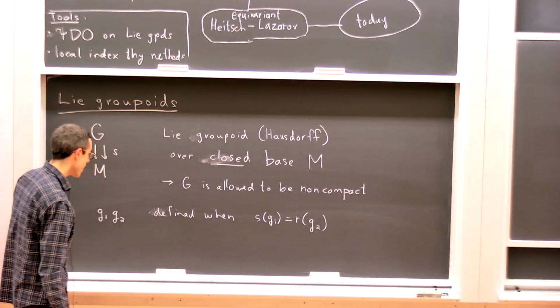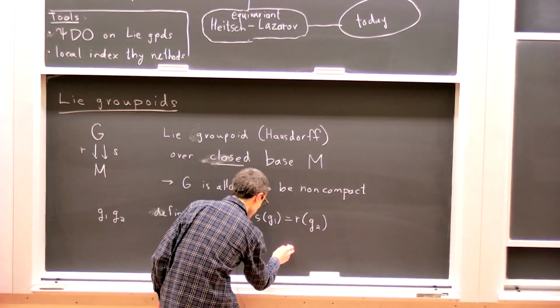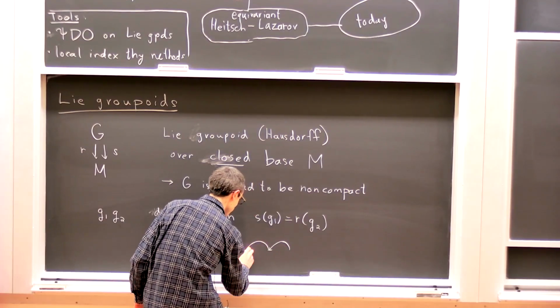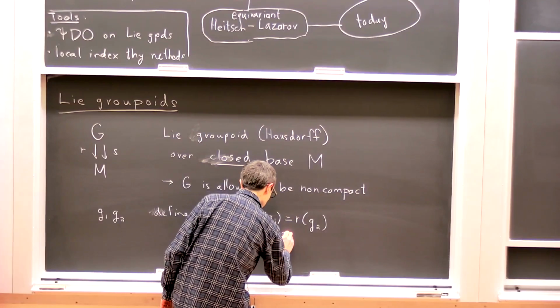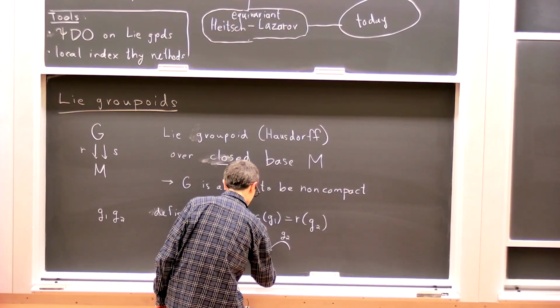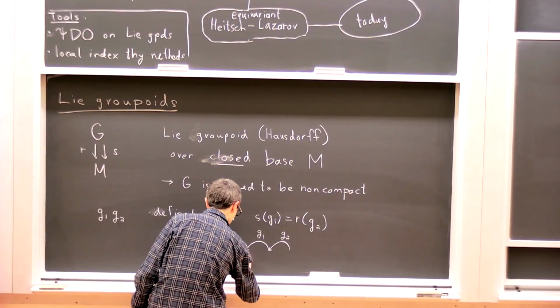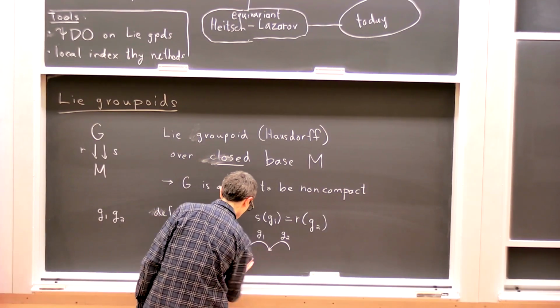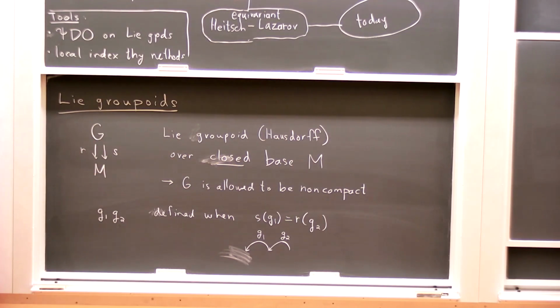Eckart instilled in me that to not get this confused, we should always draw the arrows going from right to left. So if this is G2, G1, and here would be R of G1.